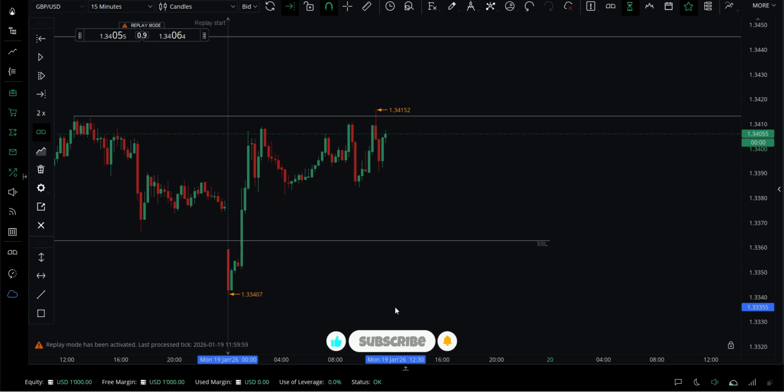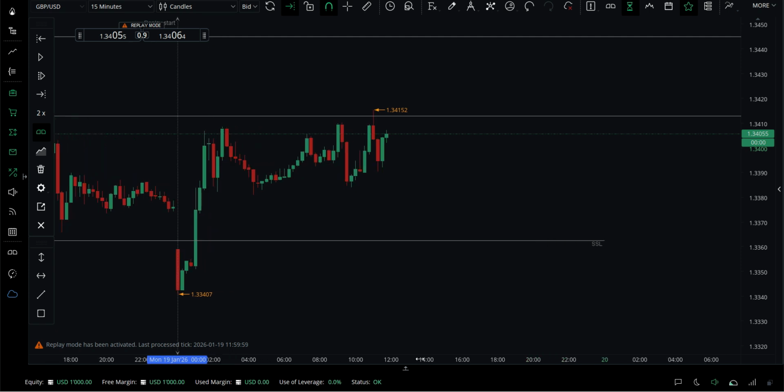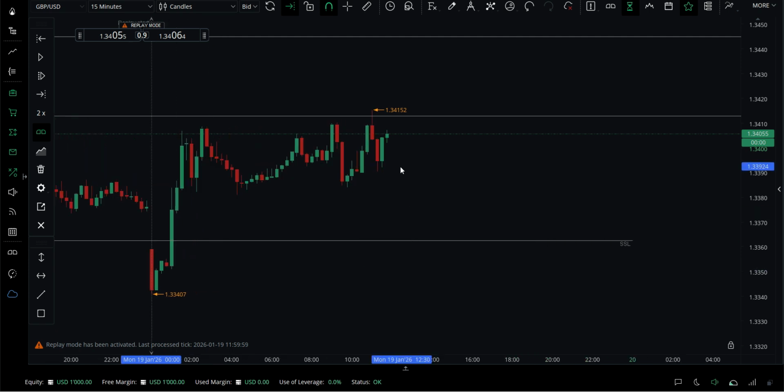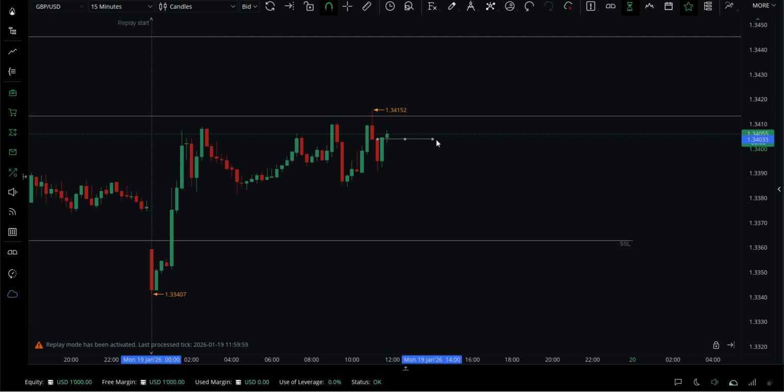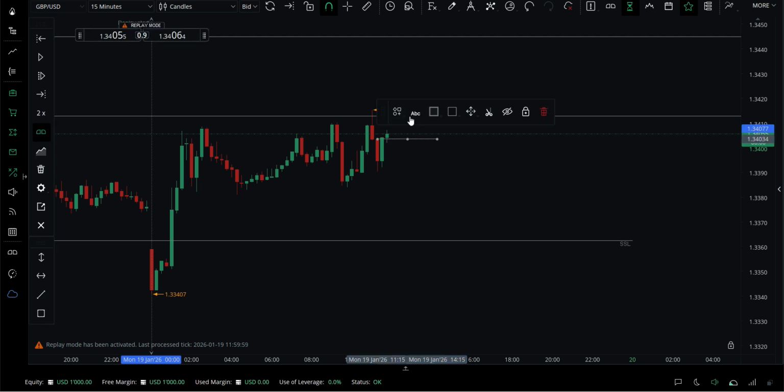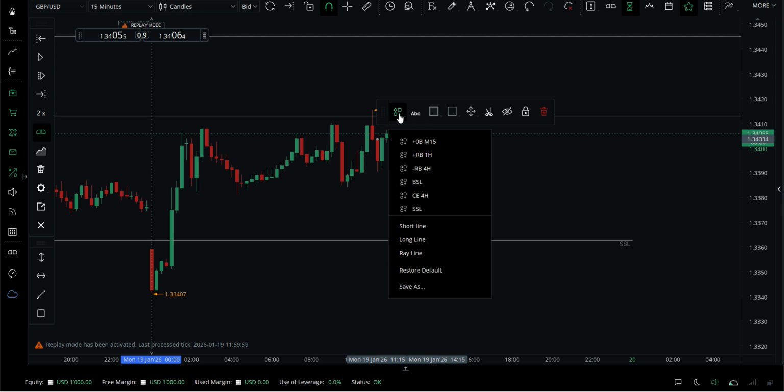Right here at the 15-minute chart, you'd notice that at the close of the 4-hourly candle, that is at the end of the London open kill zone according to ICT principles, price had traded to this bullish order block on the 15-minute chart.